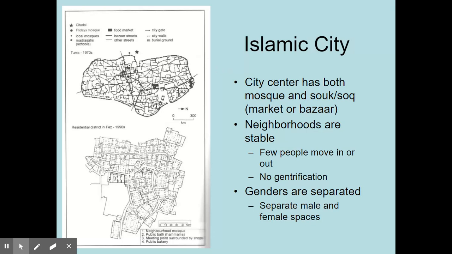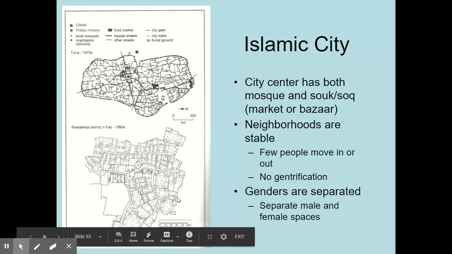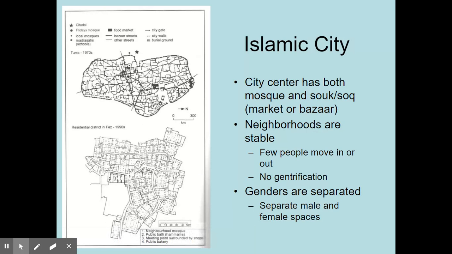In this Islamic city design, what's interesting is that you've got genders separated as far as access to the markets. There are places that only men can go, there are places that only women can go, and it's definitely organized around the mosques, which are the religious temples. They have markets that are kind of a central hub where people sell their wares.